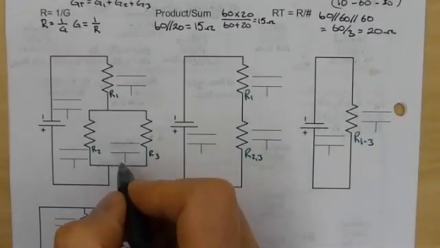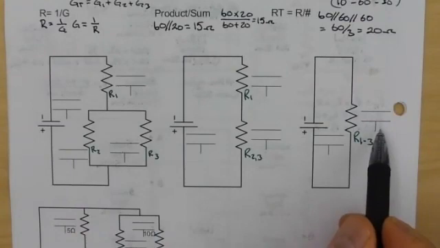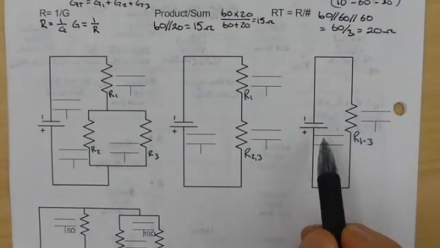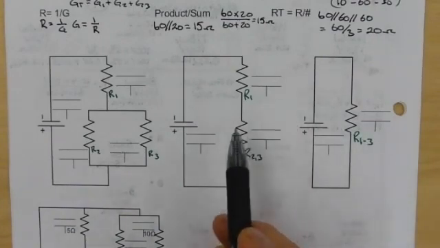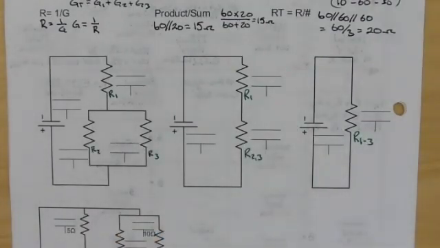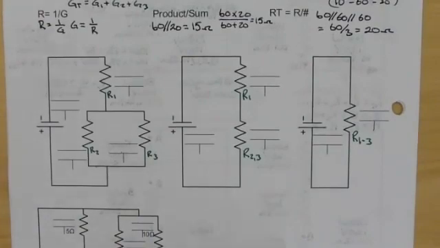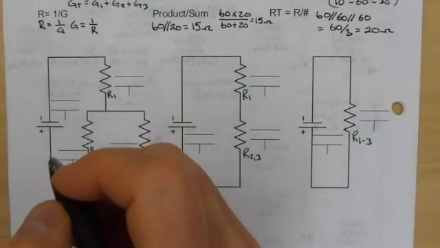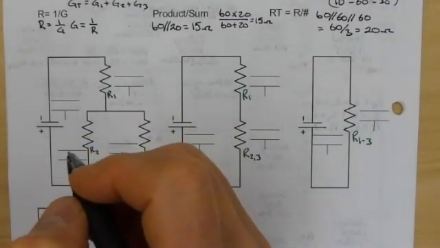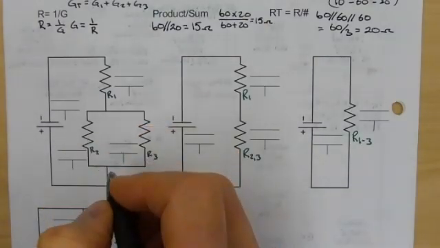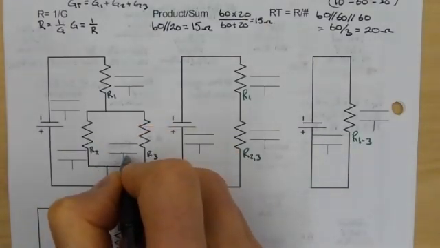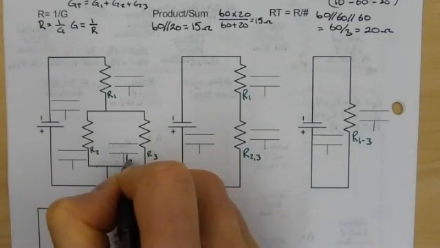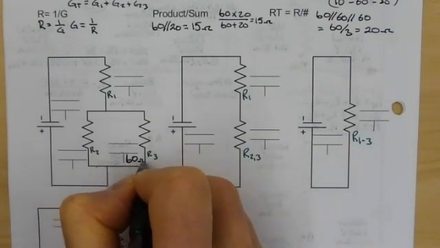So what we're going to do is solve for our RT, and then we're going to find our total current, and then we're going to fill in the rest as we go backwards using our parallel and series laws. So let's say R3 is 60 ohms.